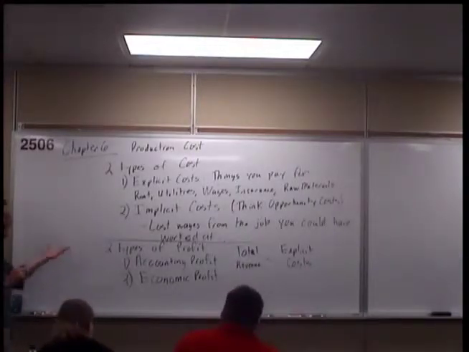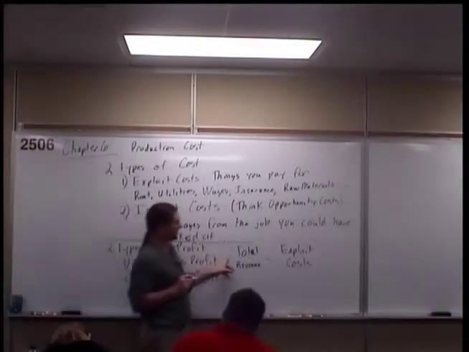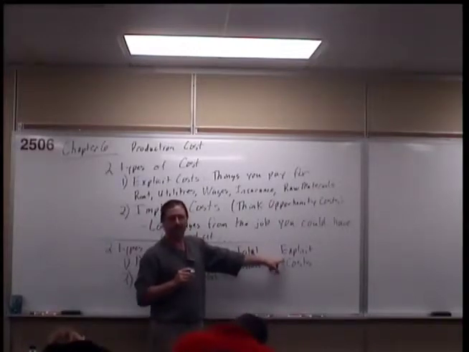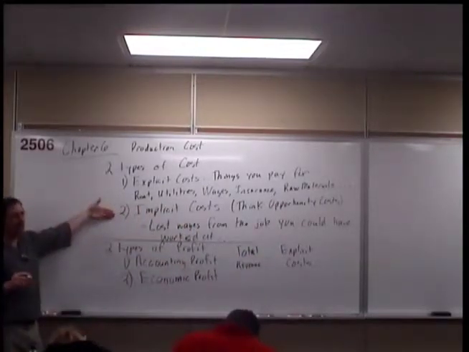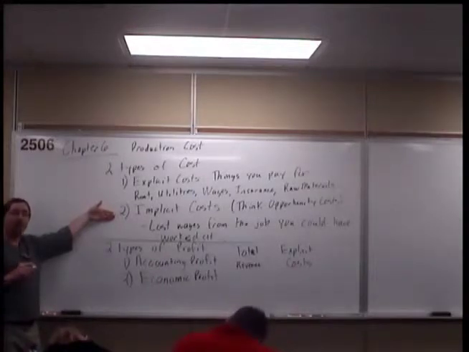And when you are calculating economic profit, you're still going to subtract your explicit costs, but now you're going to take into account your opportunity costs, the lost wages you could have earned.